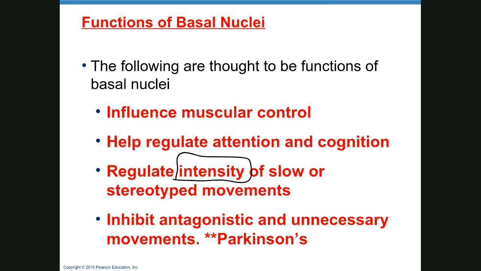It is also important at inhibiting antagonistic and unnecessary movements. This is probably one of the first signs and symptoms of basal nuclear dysfunction, as it occurs during Parkinson's disease. So you should have an idea of what the functions of the basal nuclei are and what structures are part of the basal nuclei.